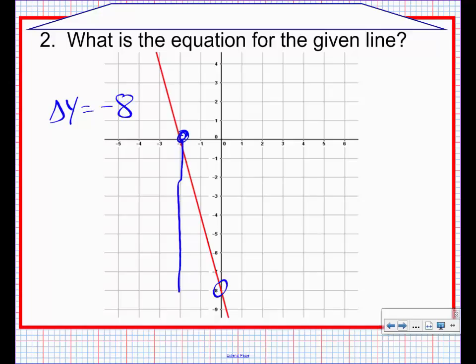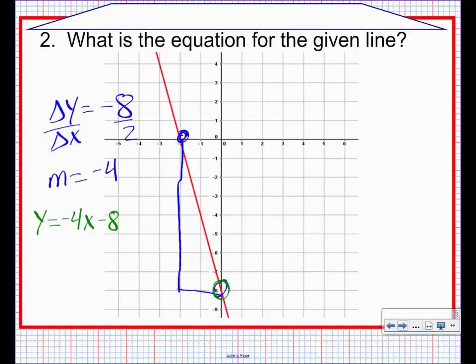Down 8 means -8. And my change in x is positive 2, because I'm going 2 to the right. So a slope of -8 over 2 reduces to a slope of -4. My y-intercept is -8, so that gives me an equation of y equals -4x minus 8.